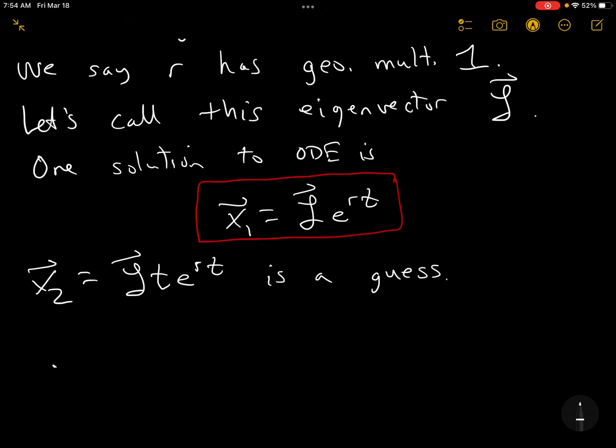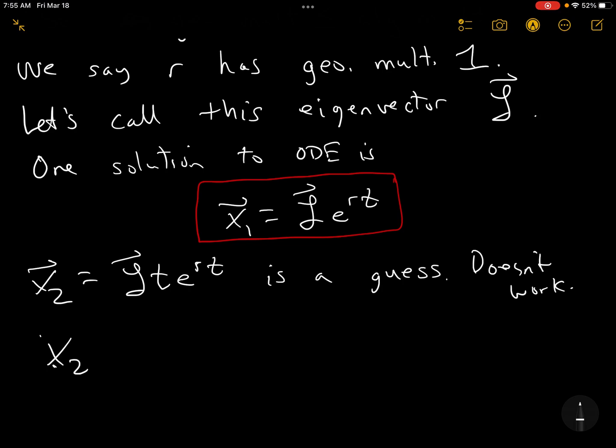All right, because remember in that section, we had the one root e to the RT, and then we slapped a t on the side after we did a bunch of work, and it worked out. So x2 equals zeta t e to the RT is a guess, and it doesn't work. It's a boring computation, and you just get that zeta equals 0, and you can't equal 0 and not 0 at the same time, so it doesn't work.